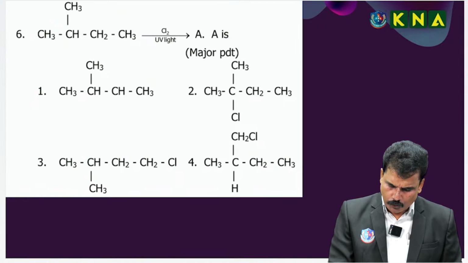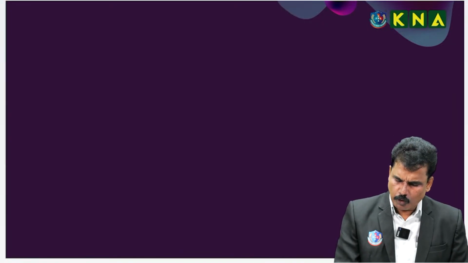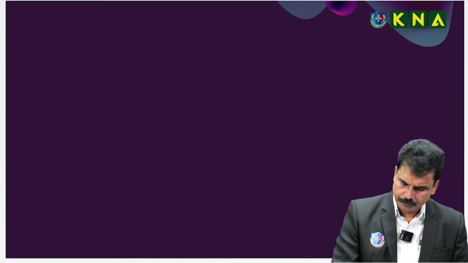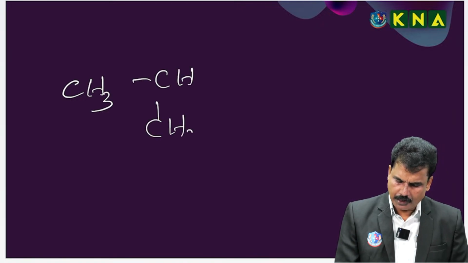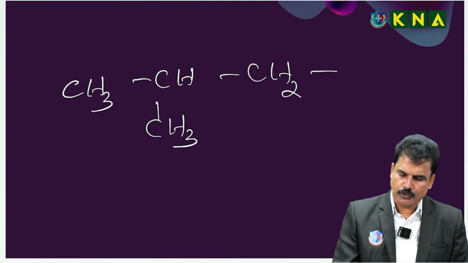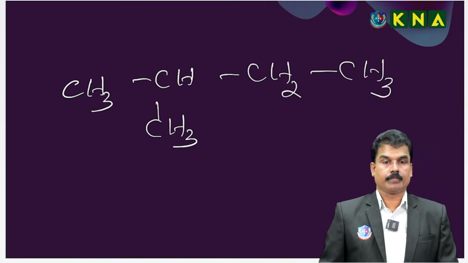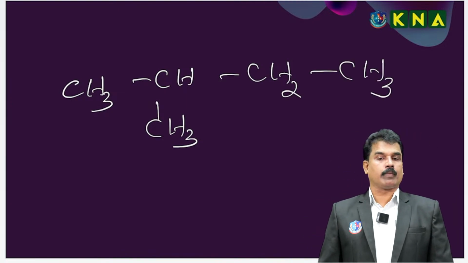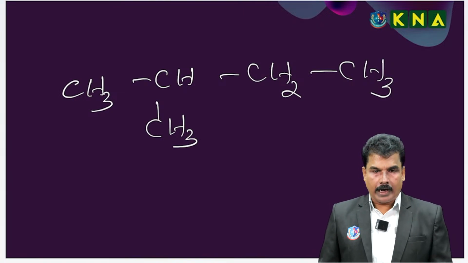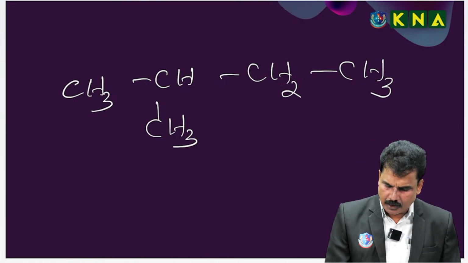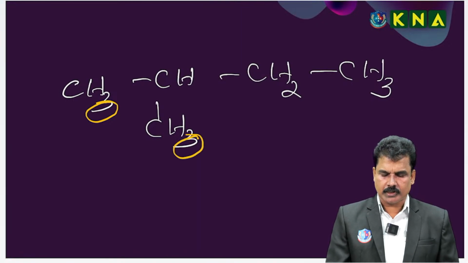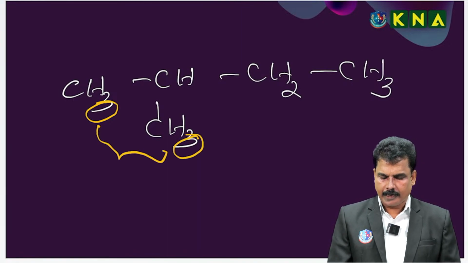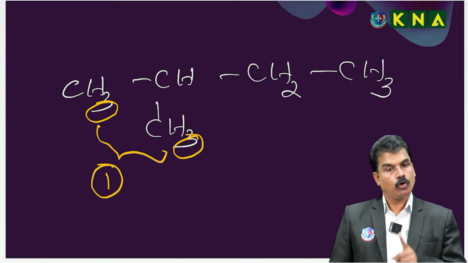So in this molecule, CH3, CH3, CH2, CH3, how many replaceable hydrogens? When you are replacing one hydrogen, we can replace a hydrogen from this CH3, or you can replace from this CH3. In both cases you are getting the same product.